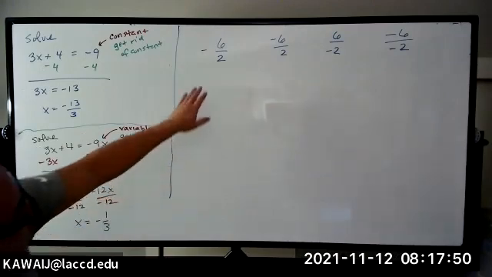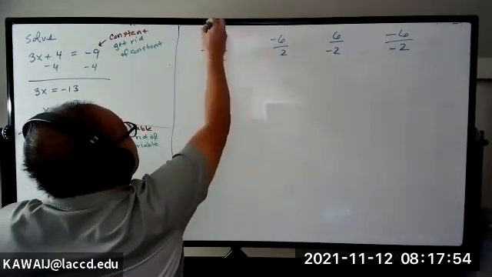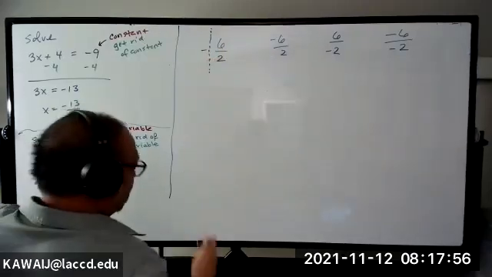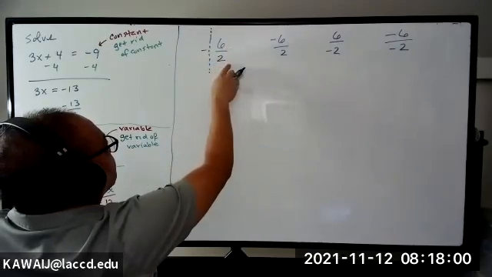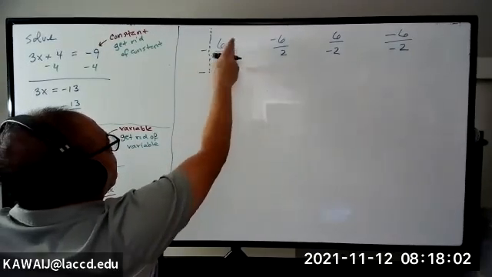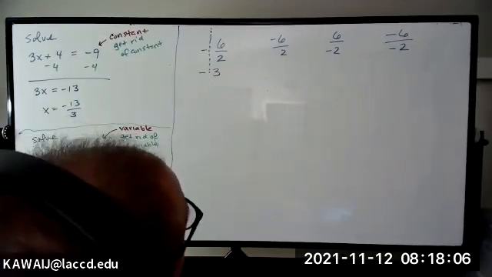Now, the way we would solve this problem is we would notice that this negative is not connected to 6 over 2. It just comes down, and you go 6 divided by 2 is 3, so your answer is -3.